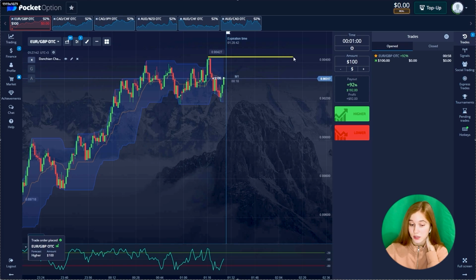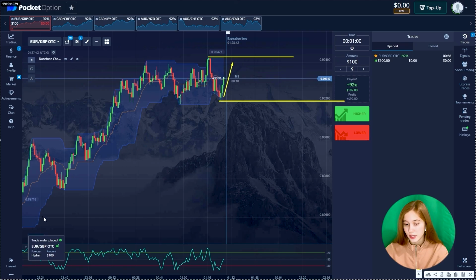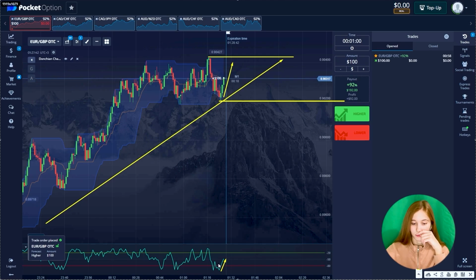So the resistance level, yeah, we reached it soon. By the second indicator, we see an upper position. This moving average is also directed upward.